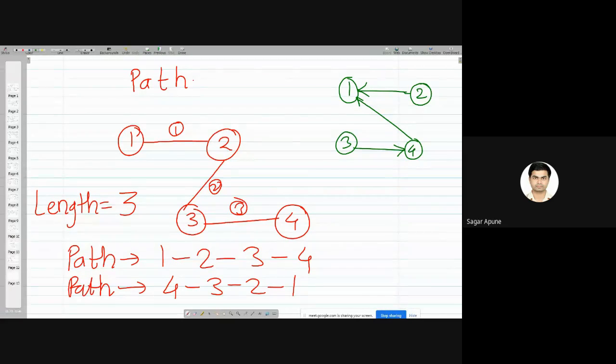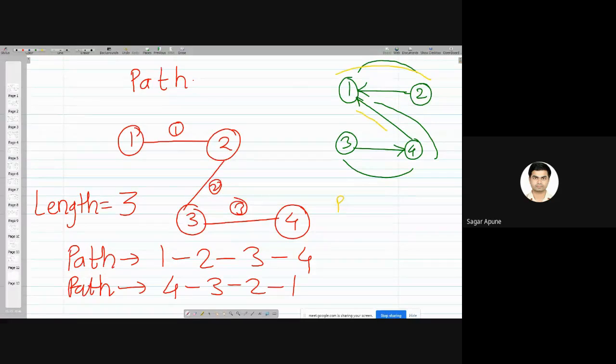Here 2 is not reachable if I start from 3. 3 to 4 edge is there, 4 to 1 edge is there, but we cannot travel 1 to 2 because there is an opposite direction path, 2 to 1. If I start from 2, 2 to 1 edge is there, so I visited 1, but we cannot reach 3 and 4 because the direction is opposite, 4 to 1, so we cannot travel 1 to 4 here.